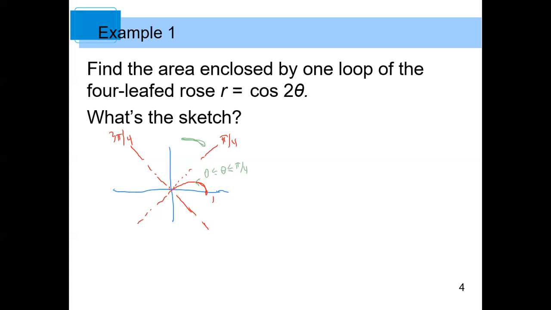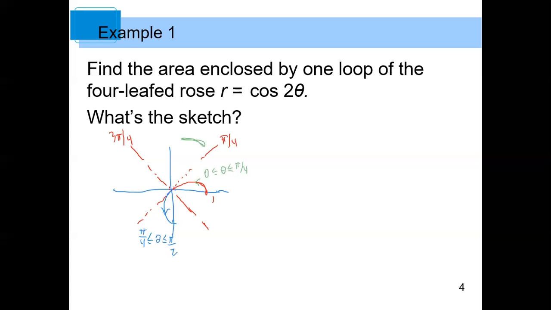So the next part of it is going to go like this. It's going to grow outward to a distance of 1, okay? And that happens between pi over 4 and pi over 2. So this is for pi over 4 less than or equal to theta less than or equal to pi over 2, okay?